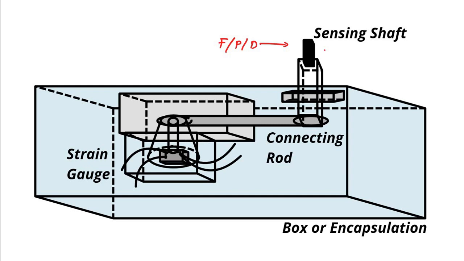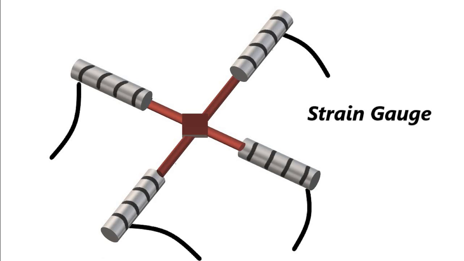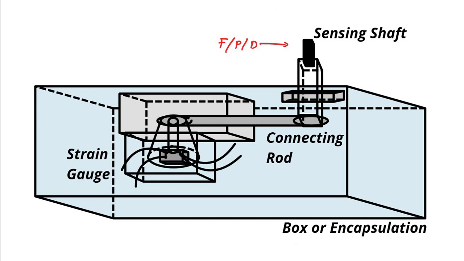When it is subjected to any force, pressure, displacement, stress, anything, it undergoes movement, and that movement is passed to the strain gauge through the connecting rod, as a result of which these wire extensions either undergo compression or expansion. And when they undergo compression or expansion, there will obviously be an increase or decrease in length or increase or decrease in cross-sectional area.